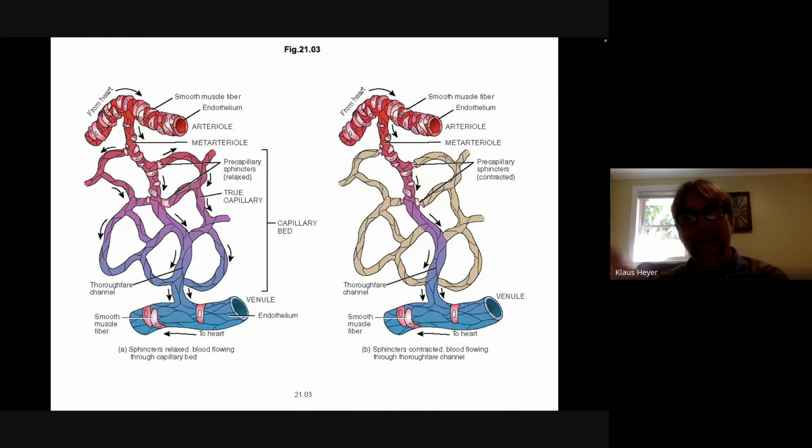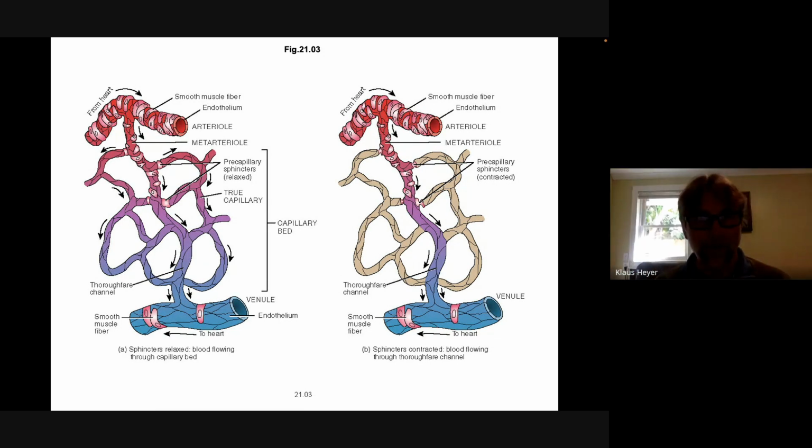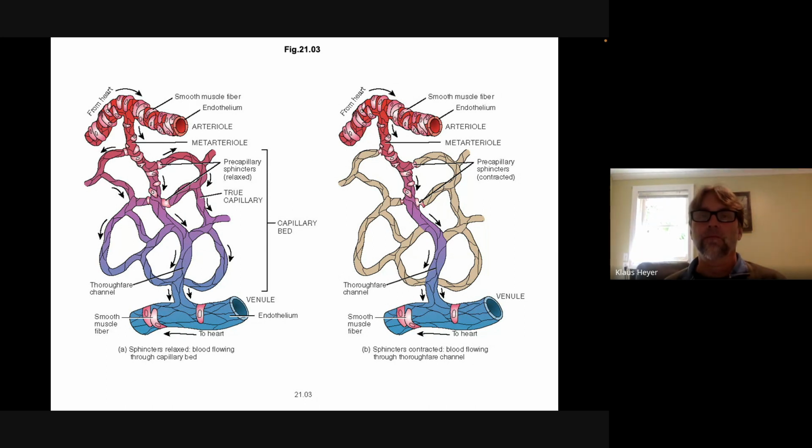So if we had to in an emergency, we can divert a lot of blood to our heart. And actually, if you look at where all of the blood is right now in your body, the majority of it is in veins. So we could send all that blood quickly up to your heart as well.